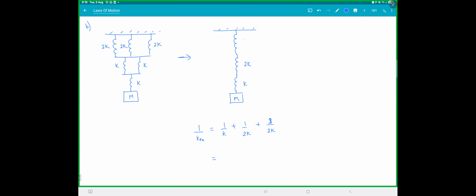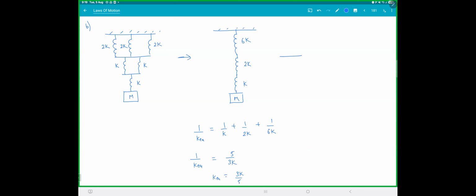Sorry, that is 6K, they will add up, my mistake. 1 by 6K. How much is 3 by 2 plus 1 by 6? That is 9 plus 1 over 6, 10 by 6, which is 5 by 3K. That means K equivalent is 3K by 5.